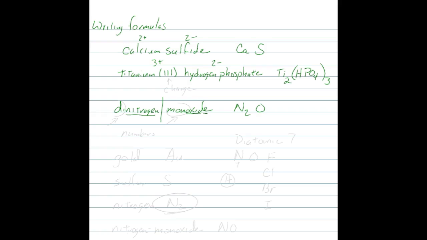So if the charges cancel, you're fine. If you have to crisscross to get the charges to equal each other, if they're not the same, or if you have prefixes, once you see a prefix, you know you're going with numbers. Key point, prefixes tell you numbers.